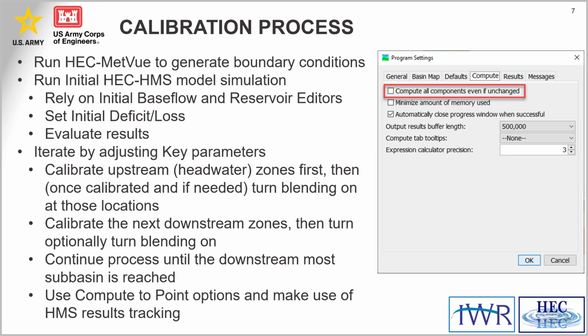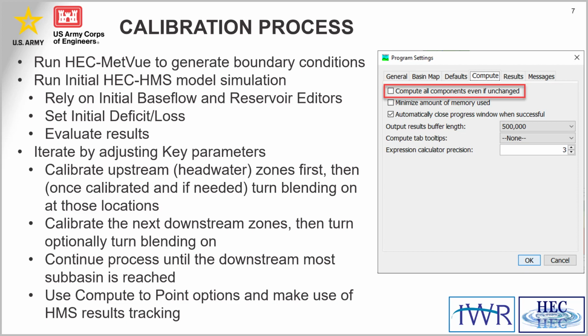And so with knowing that there's this impact, we have the potential to use blending. Blending is an option that more or less replaces the computed model results with your observed data, because you're most likely not going to get your observed data and your model to be identical to each other. So they're going to be a little bit off.